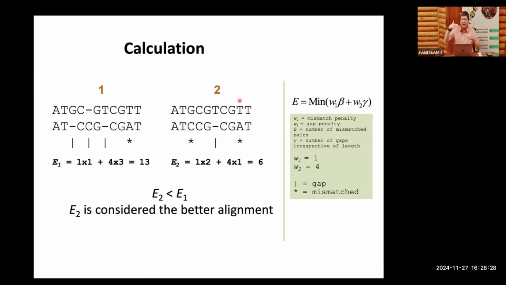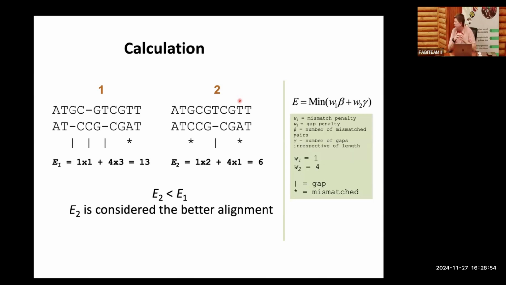So if you cannot make a call from the forward and the reverse based on the peak height, it's going to be an ambiguous site. If one calls a T and the other a C, it tells me there's something interesting going on there.